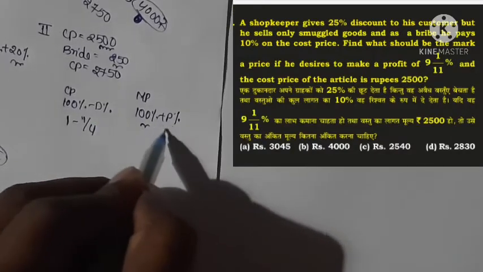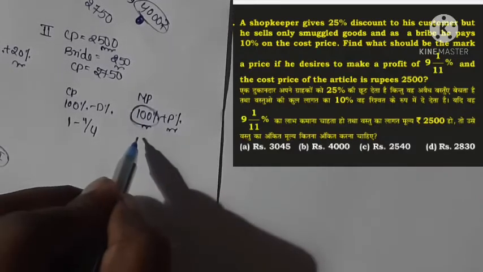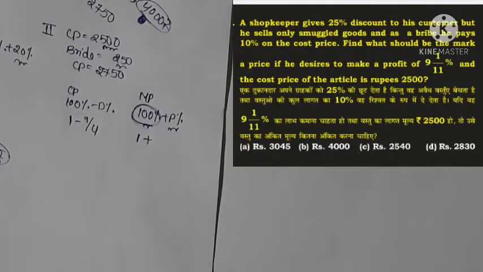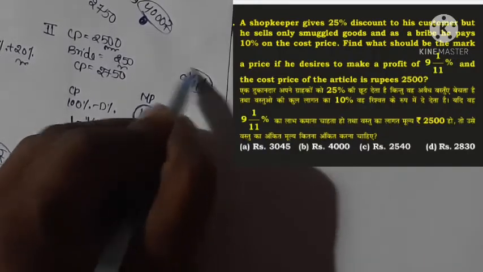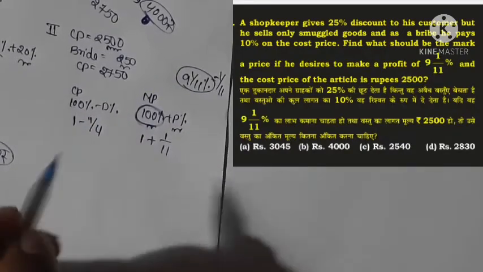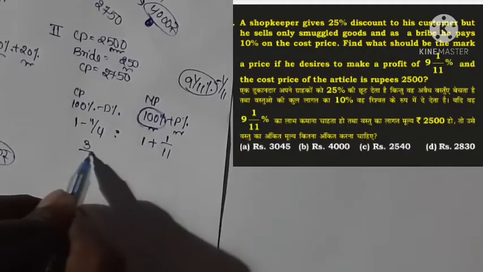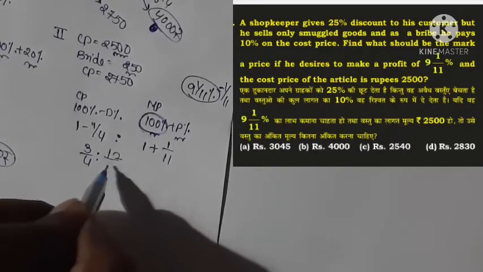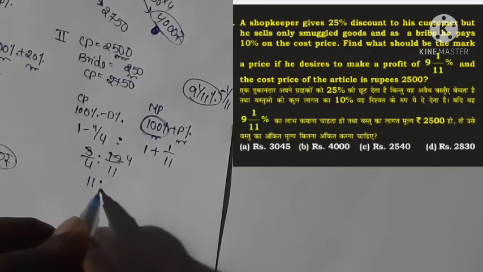For 100% plus profit percentage, convert this percentage into fraction, so the value is 1 plus the profit percentage, 9 1/11%, the equivalent fraction is 1 by 11. So this value is equal to 3 by 4 into 12 by 11. The 3 cancels with 4 times, so 11 is to 16.